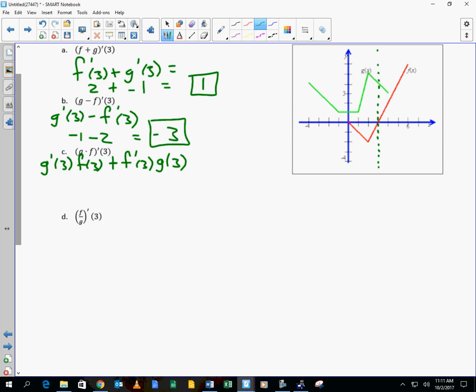We already know g prime of 3, it's negative 1. And we know f prime of 3, it's 2. Well, what about f of 3? That's 0. So that's what you were looking at earlier, Leah, right? Okay, thank you. And then what is g of 3? It's 4. So you can see that you get 8.